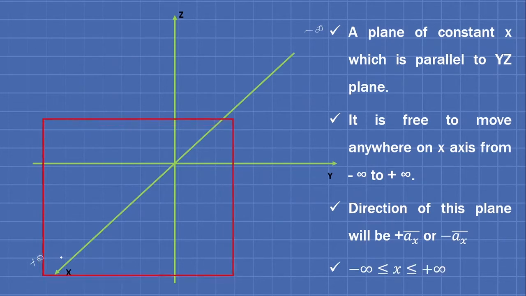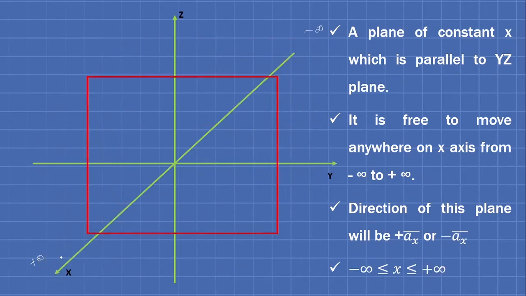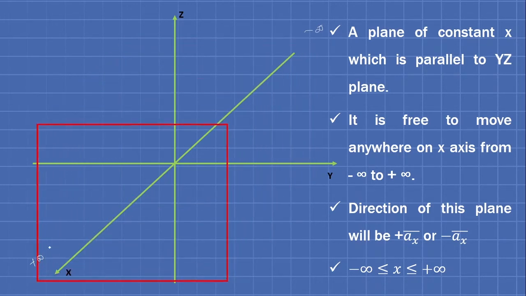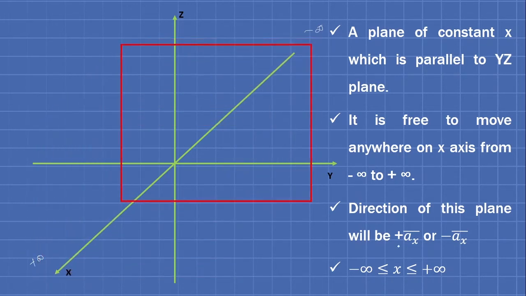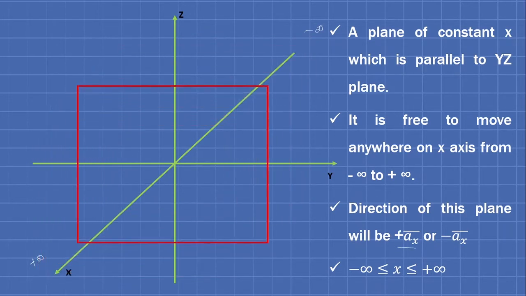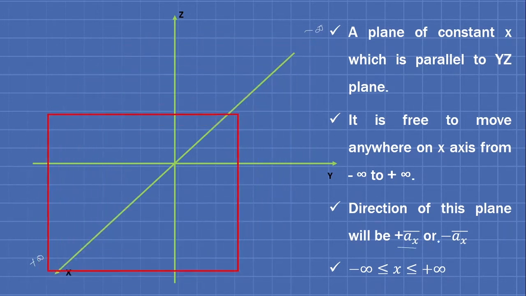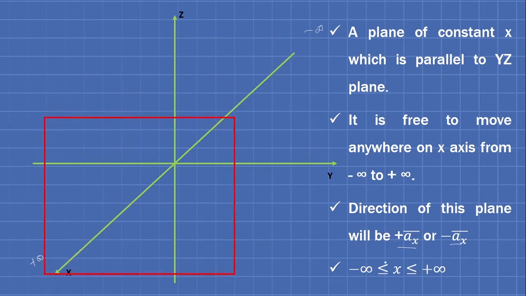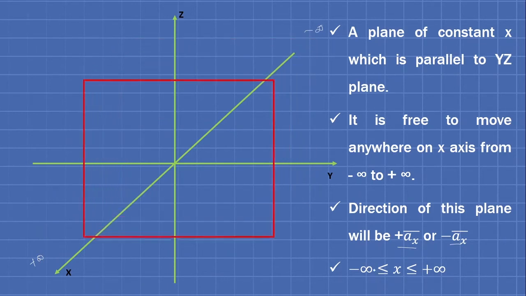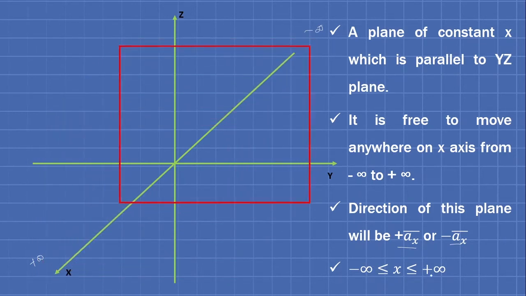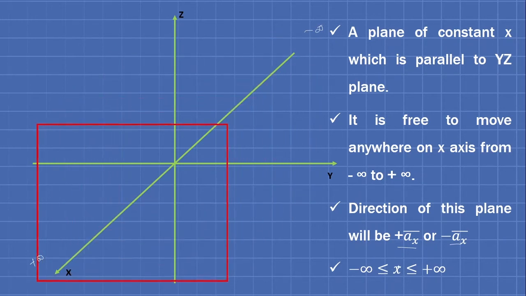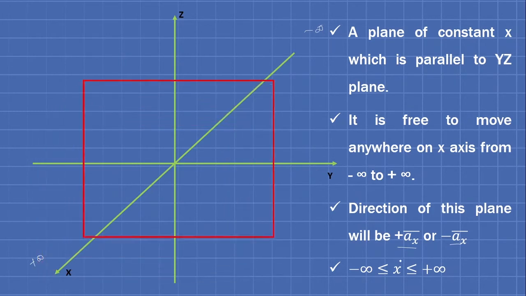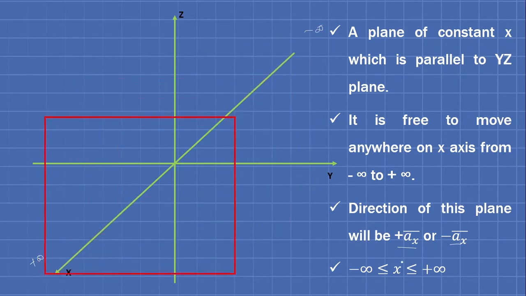Depending on the position of this plane, if it is coming out of the screen, that is, in the positive x direction, then its direction will be plus a_x, and if it moves inward into the screen, then its direction will be negative a_x. But generally this plane is free to move from negative infinity to plus infinity on the x-axis, and by moving such a distance it can cover every point of space.